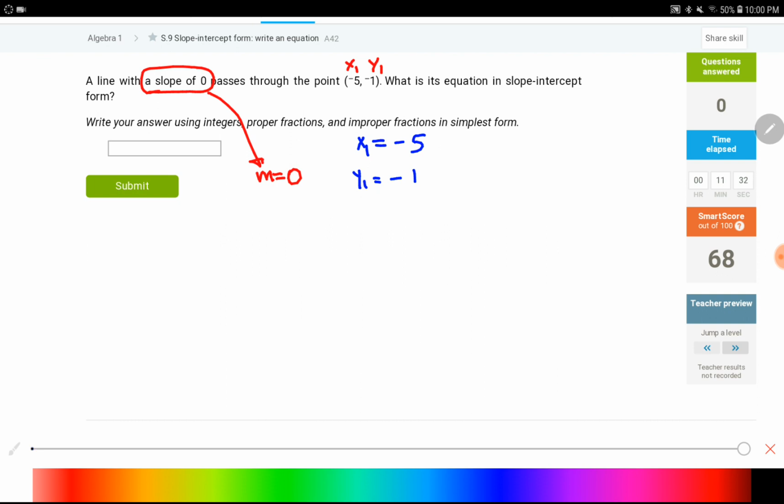Now, if you took notes of the previous example in this video, the point slope form is going to look like this: y minus y1 equals m times x minus x1. Now from this point on, everything is about plugging the numbers in.